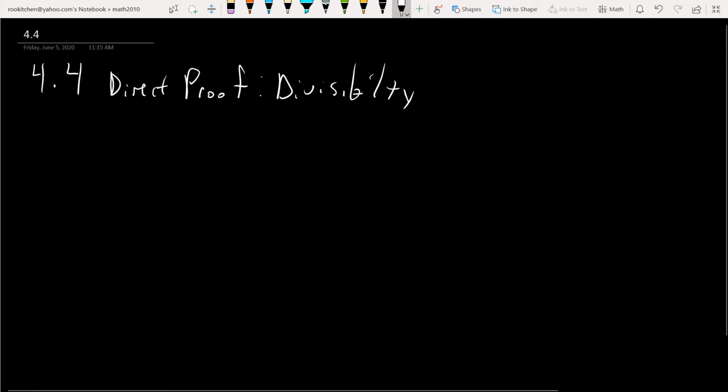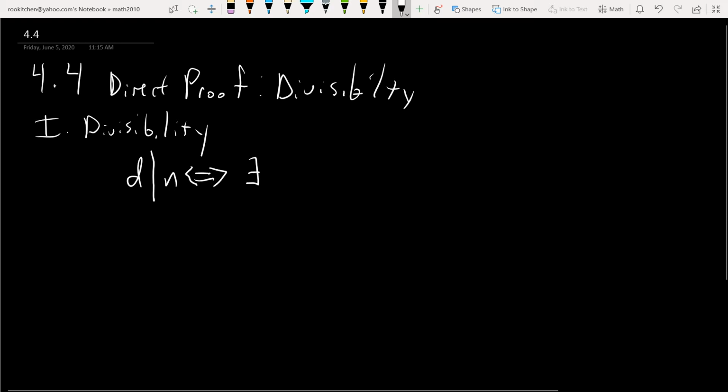So first off, the definition of divisibility. D divides n if and only if there exists an integer k such that n is equal to d times that integer k.